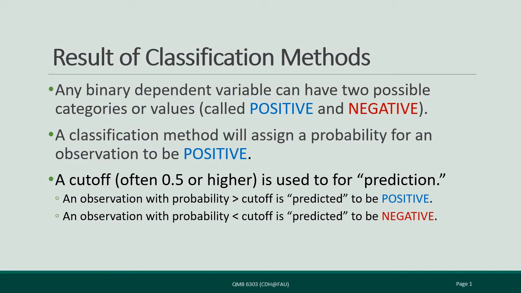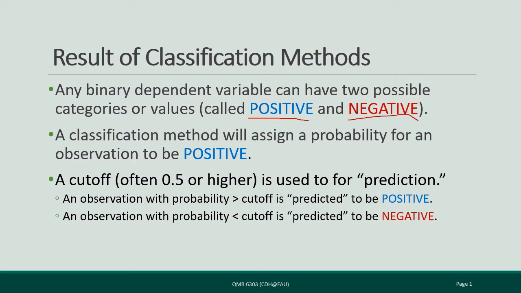We use the large data set that we have to create a model so that whenever we see one particular observation based on a set of explanatory variables, we say that this particular observation is likely to be positive or negative. So those are the two possible outputs or values of a binary dependent variable.